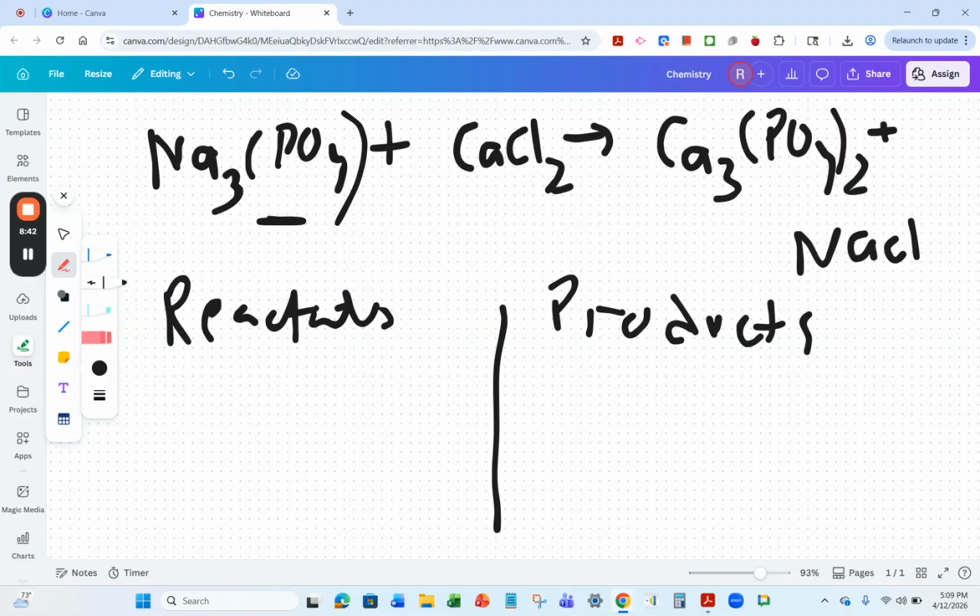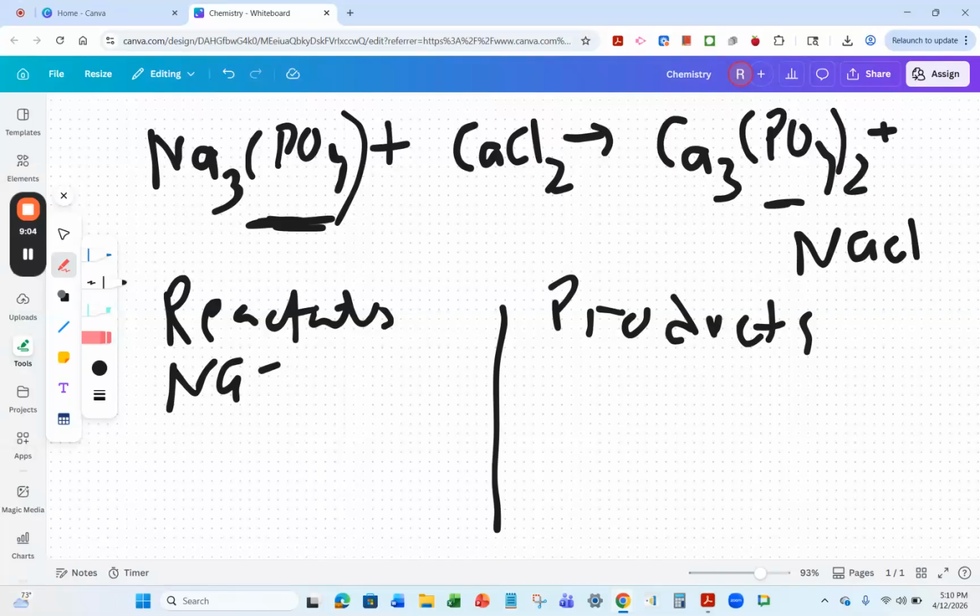So I will say balance that polyatomic ion as a single unit. Don't try to balance it separately in different atoms. So it's clear that PO4 on the left hand side, you have a PO4 on the right hand side. So it means you will count it as PO4, not phosphorus and oxygen separately. Then it's very easy to balance it.